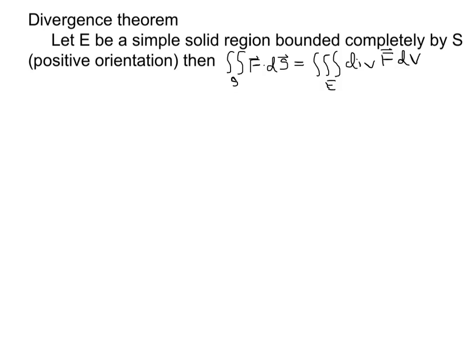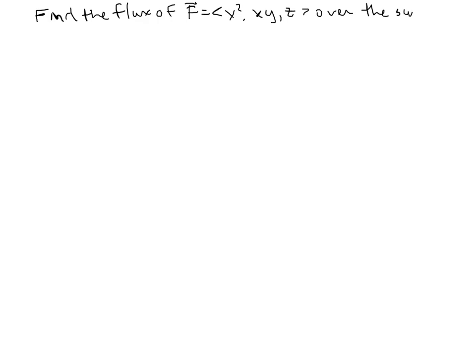Okay, so let's do an example, and I'm going to do this on a separate piece. So let's find the flux of the vector field, what should we do, x squared, xy, and z, over the surfaces.